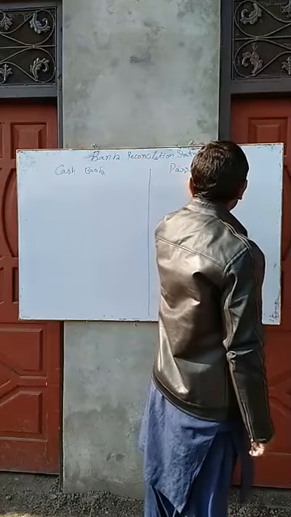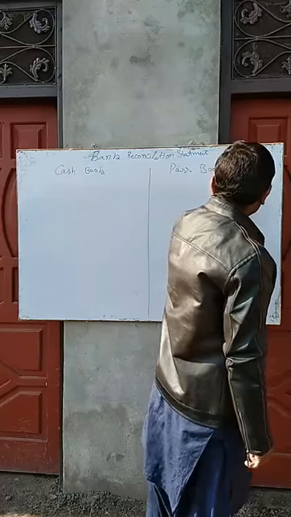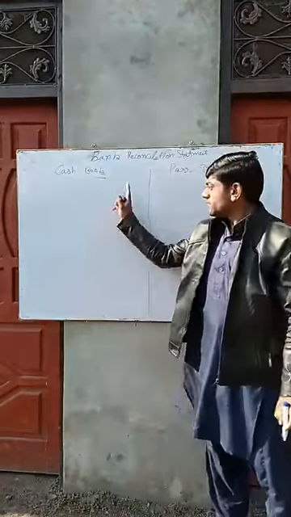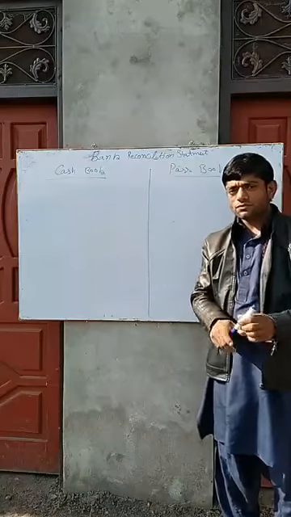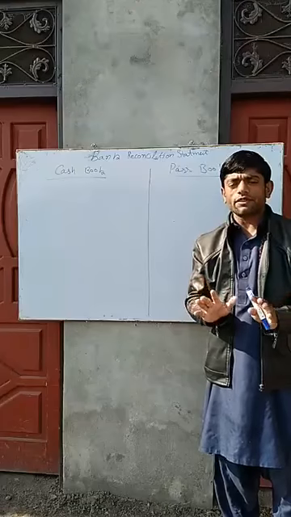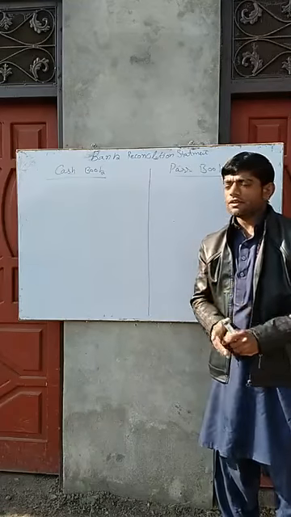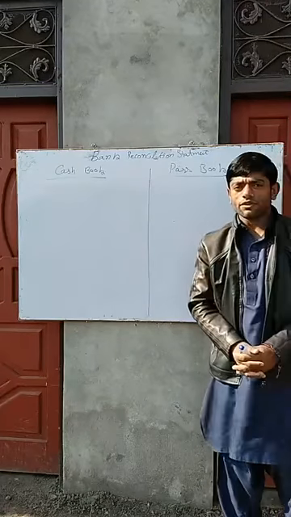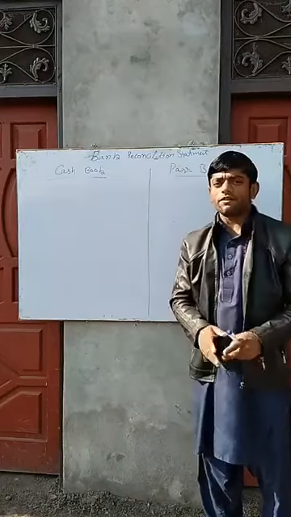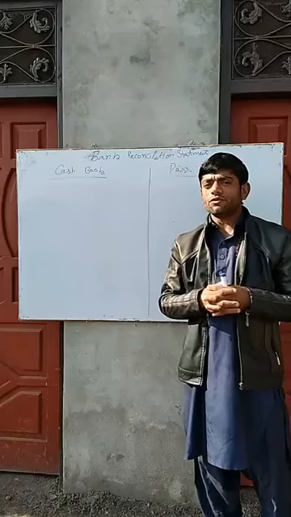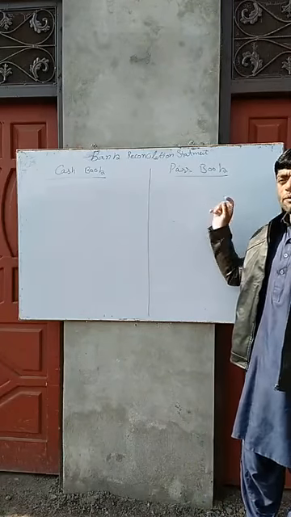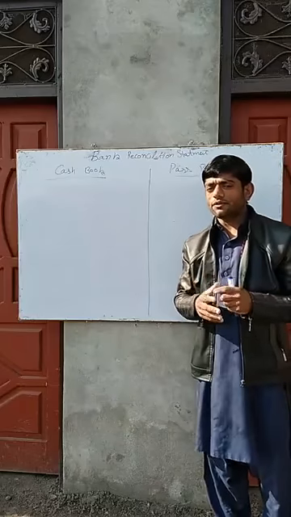Then passbook. The opening balance of cash book is a debit balance. The normal balance of cash book is debit balance and the normal balance of passbook is credit balance. If favorable balance is mentioned for cash book, it also means debit balance, and for passbook favorable balance also means credit balance.